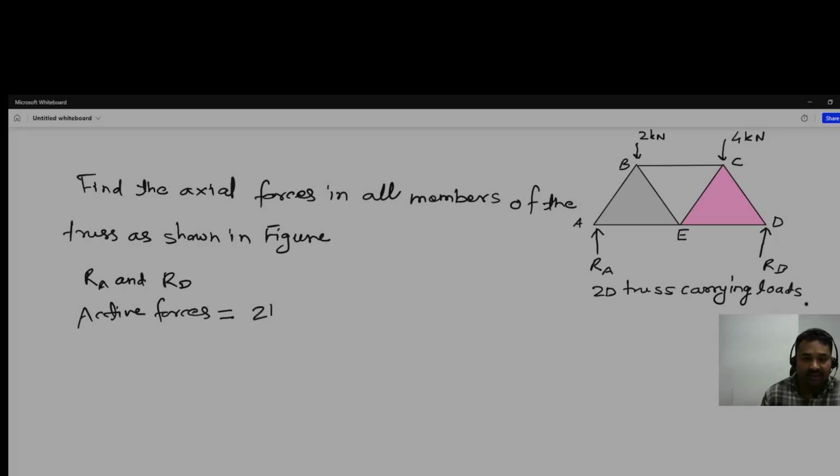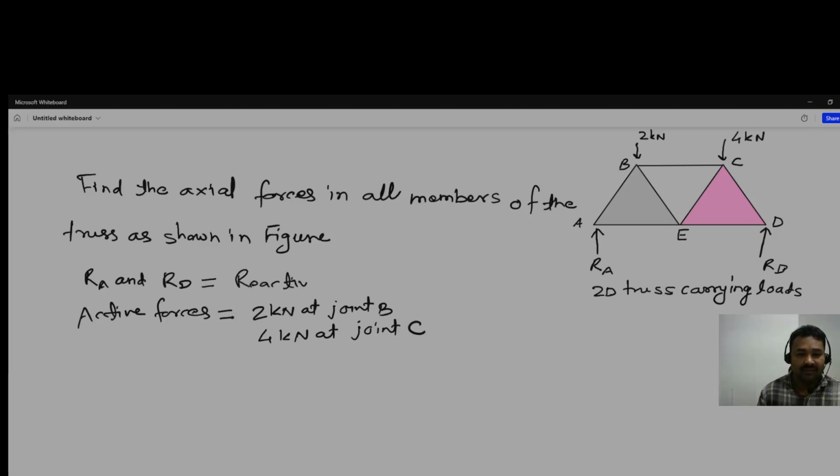These are 2 kilonewton at joint B, 4 kilonewton at joint C, and these two are known as reactive forces.